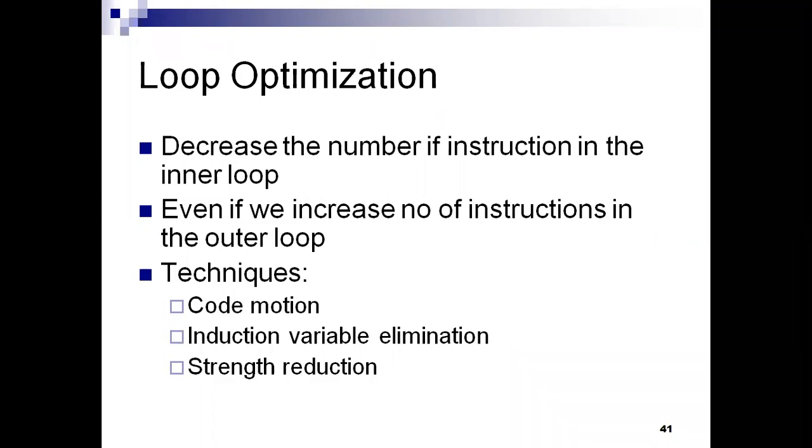In those transformations we applied the optimization techniques to the expressions in the source code. Here in loop optimization we are applying these optimization techniques to the loops. Make a note of this, for the loops.